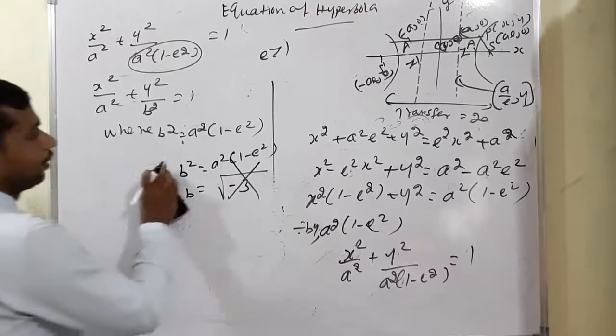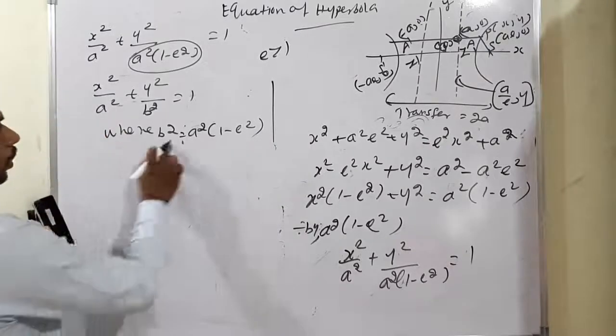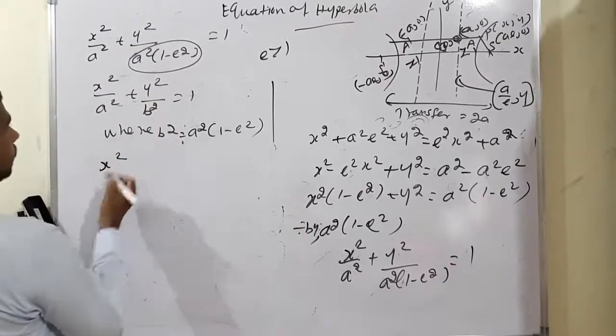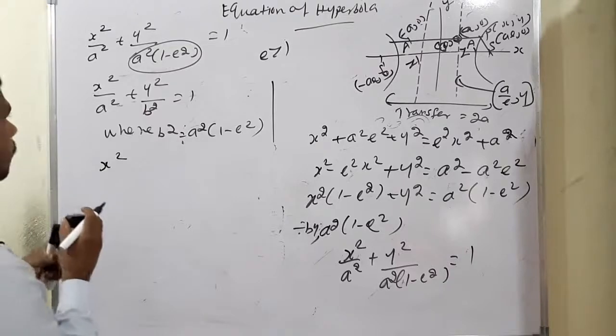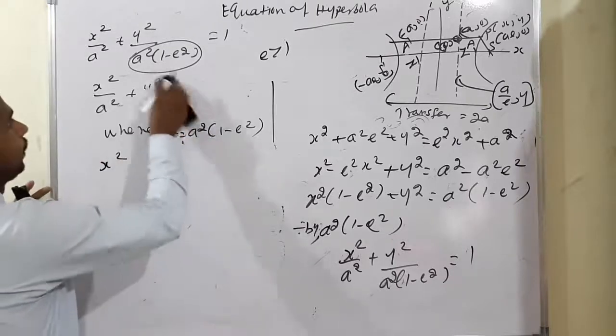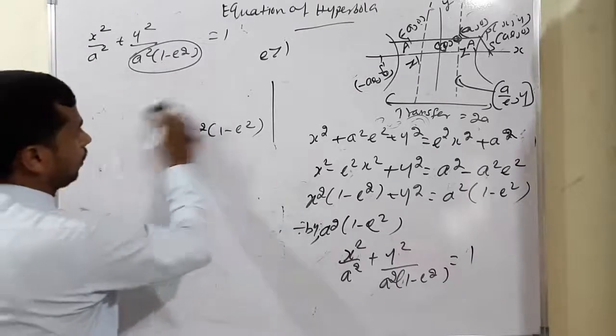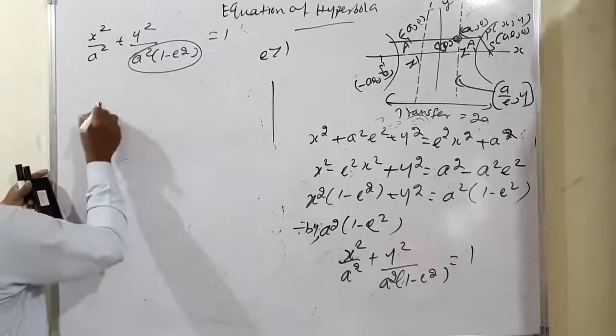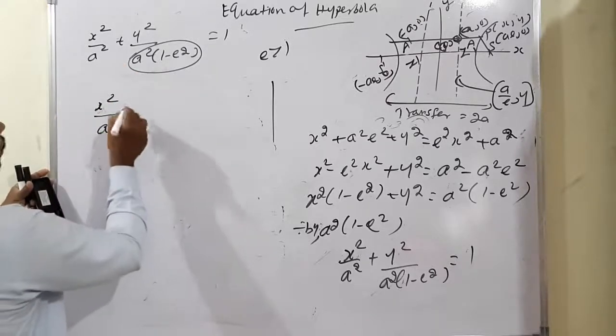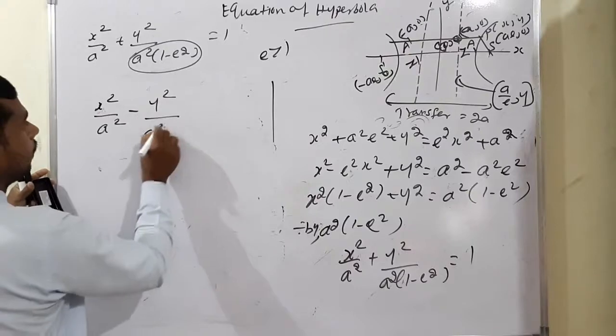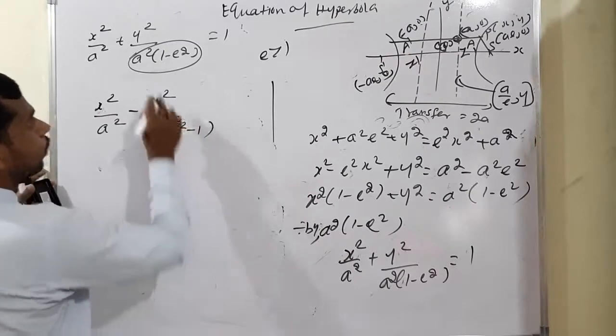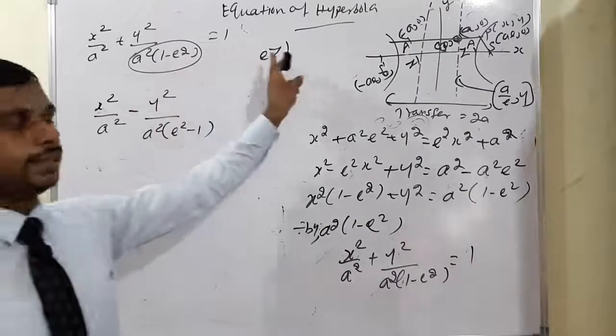That's why I just modify the second line. This is not a correct form, okay. Actually to modify it: x square by a square minus y square divided by a square into e square minus 1. So e square minus 1 means we can say e greater than 1.